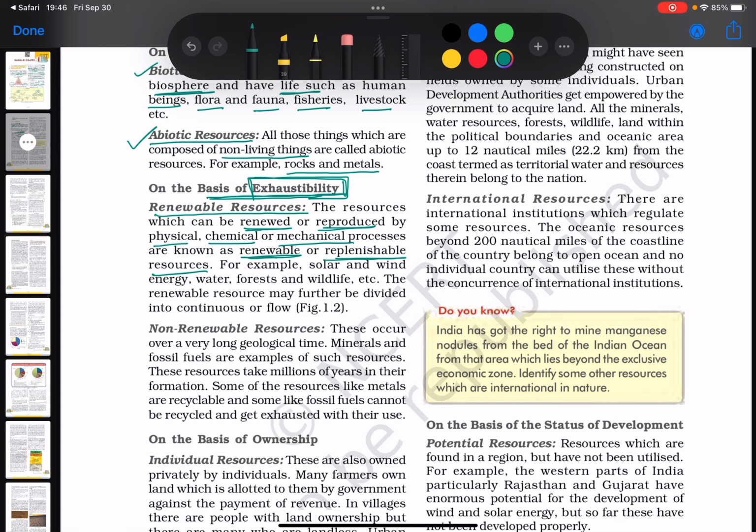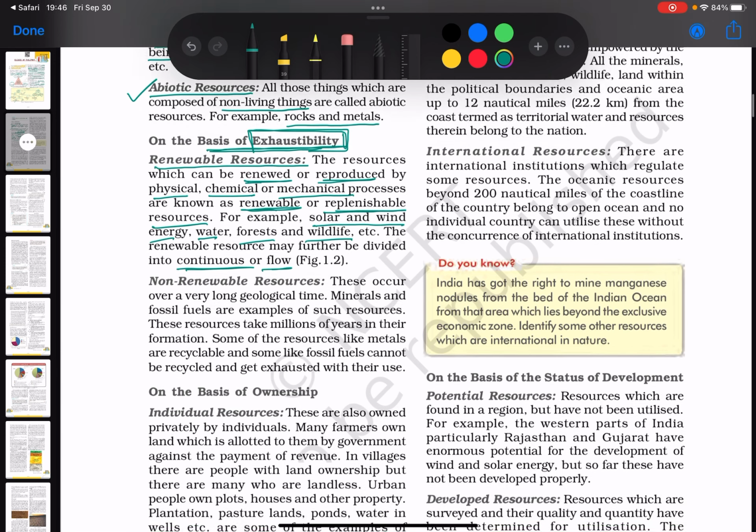Renewable means you can renew or create them. Replenishable means again, recreate them very quickly. For example, solar and wind energy, water, forests, and wildlife are all renewable resources. They do not take time to replenish once you use them: you have the sun every day, water flows whenever there is rain, and so on. The renewable resources may be further classified into continuous or flow, which is what we showed earlier.